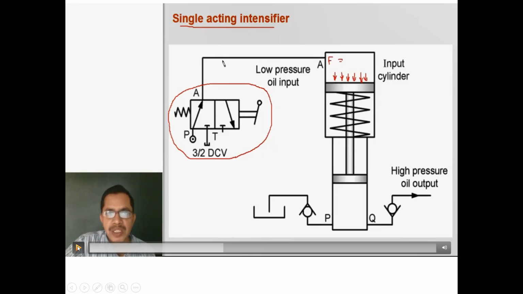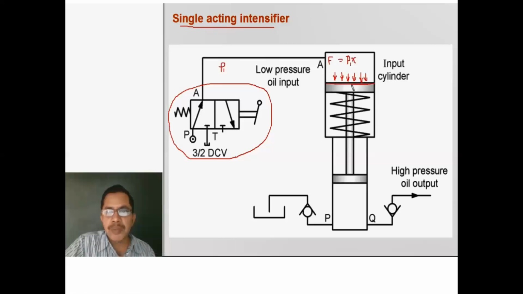The force applied is P1 multiplied by the area of the piston of the large cylinder, that is A1. So P1 A1 is the force applied here, and that force will be exerted by the small piston on this oil.